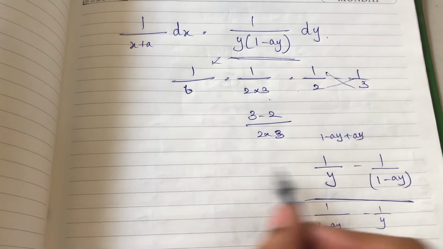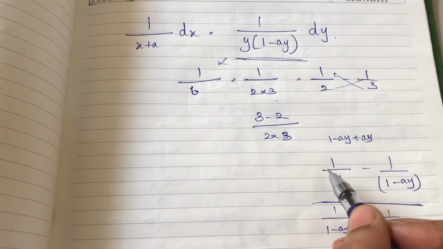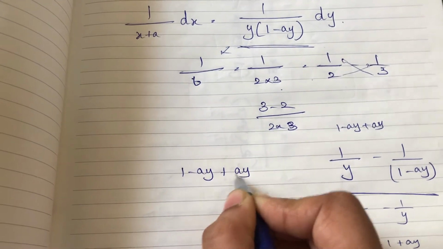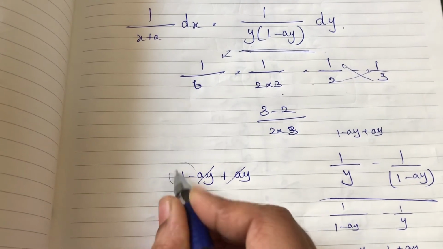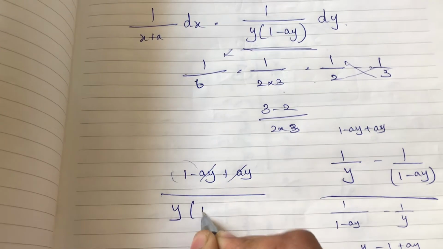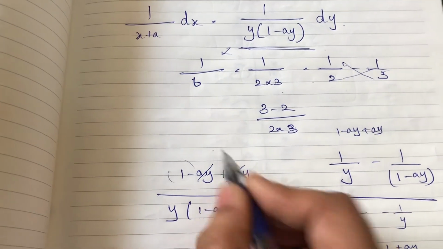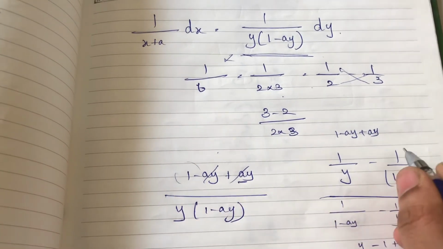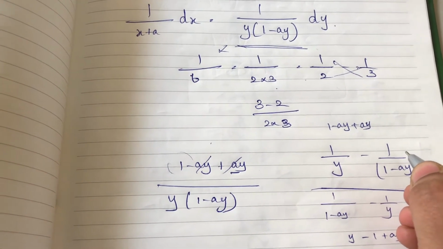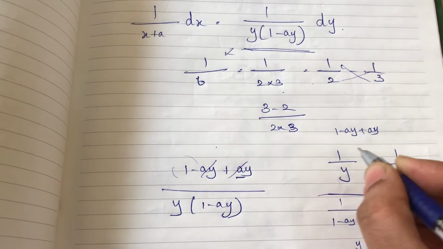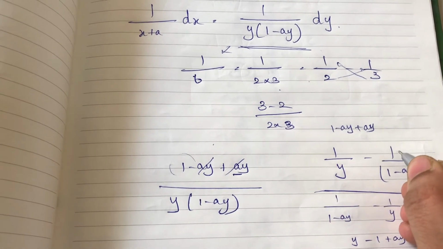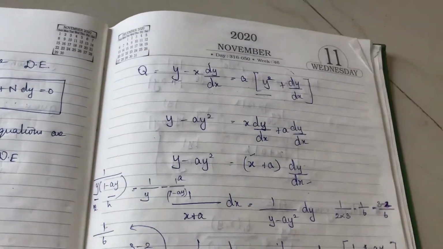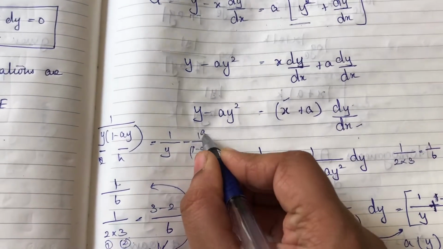Here, how can I get 1 minus ay? If it is plus ay, these things cancel, then I will get 1. The same here. So, I need a here, so for this purpose I am just writing a here.